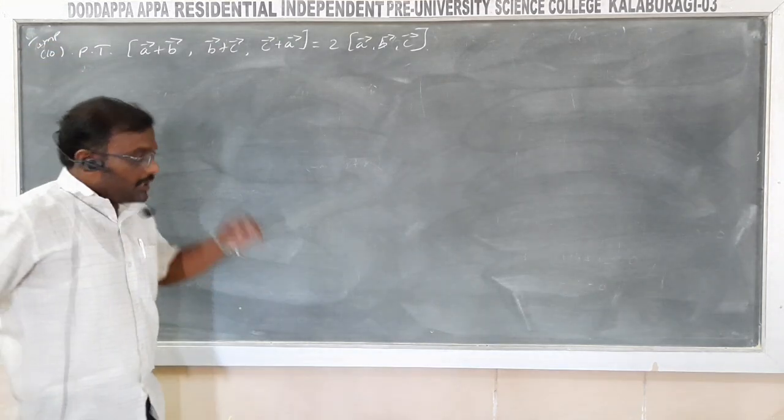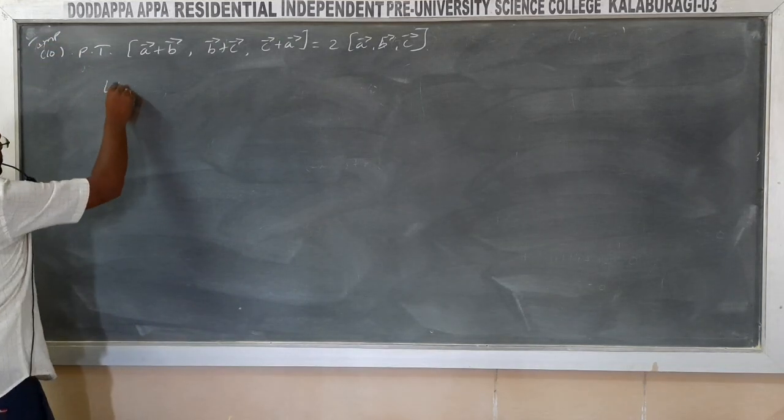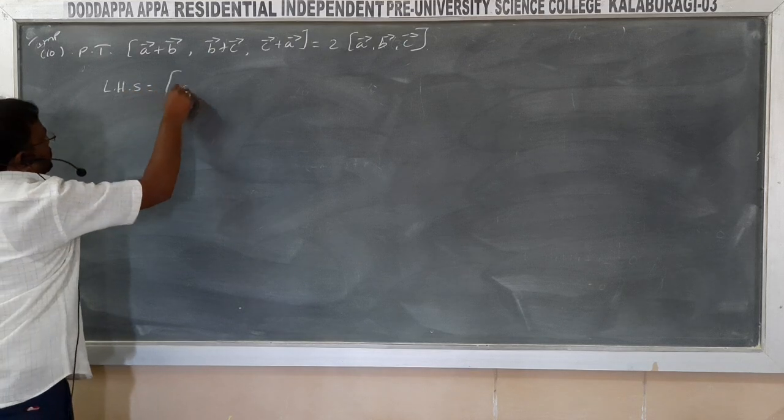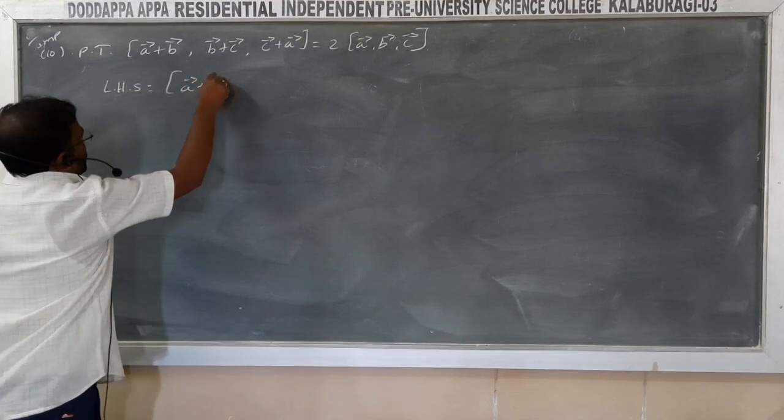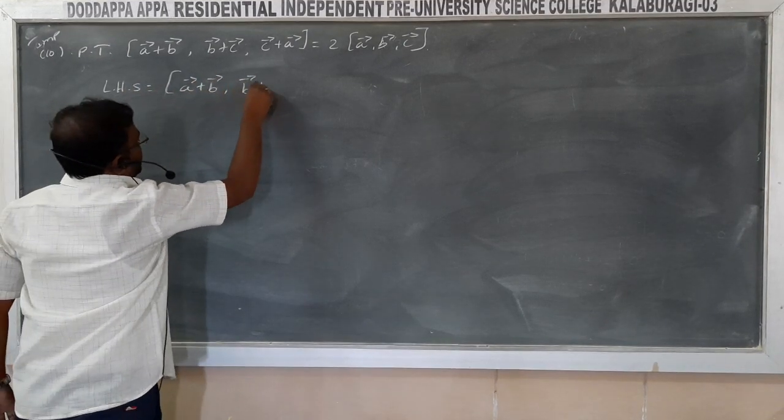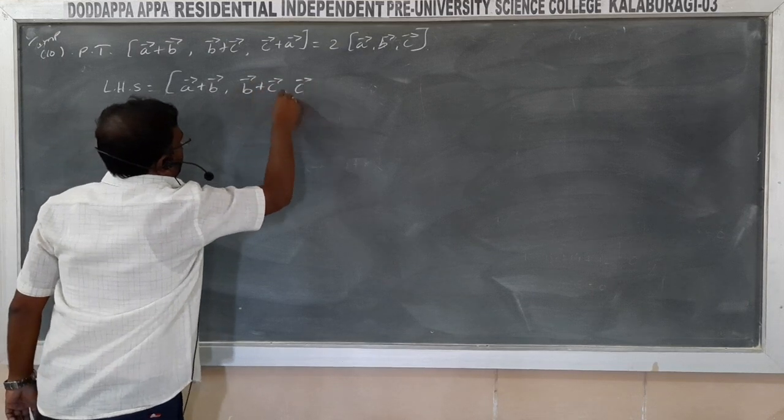Right? So first you can take the LHS value. What is the box of A plus B, B plus C, C plus A?